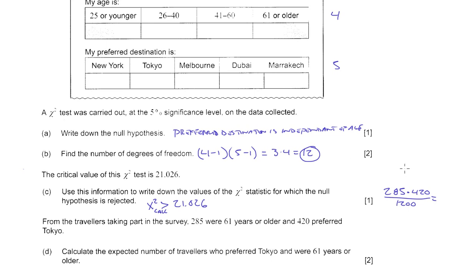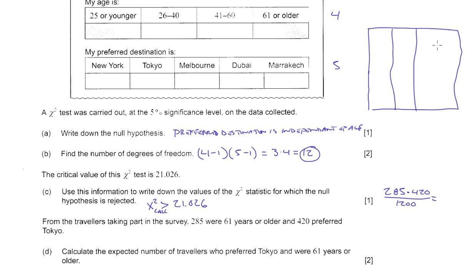Just really quick, where this comes from. If we had our actual table drawn out, we've got the 4 columns: 25 or younger, 26 to 40, 41 through 60, and 61 or older. And then the 5 different places they wanted to go. Say this was the 61 or older, and Tokyo was here.